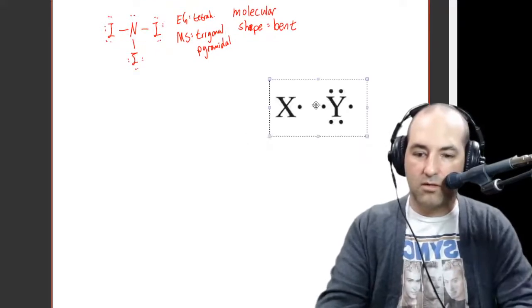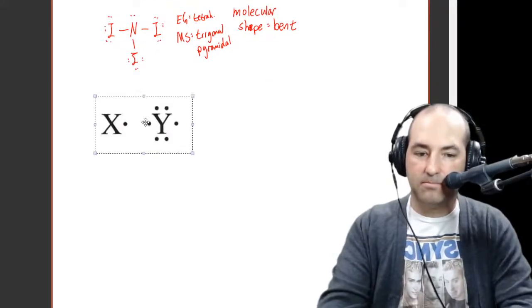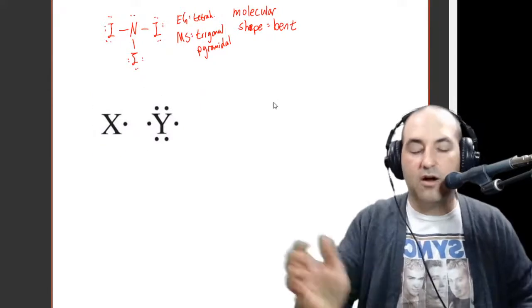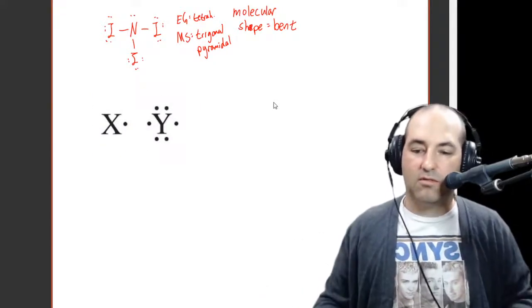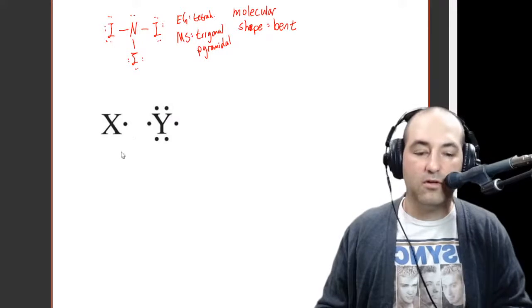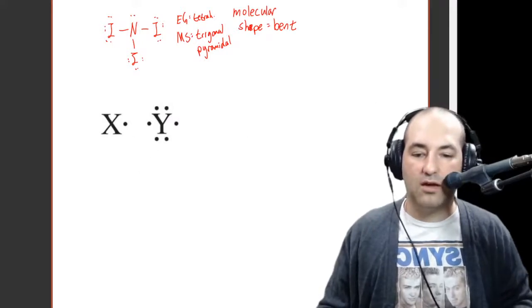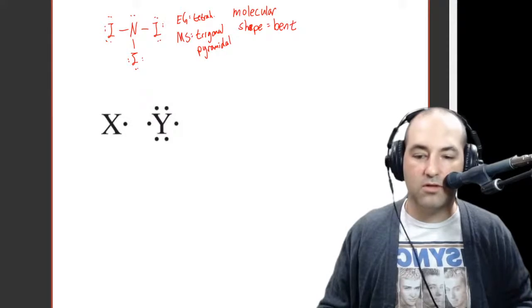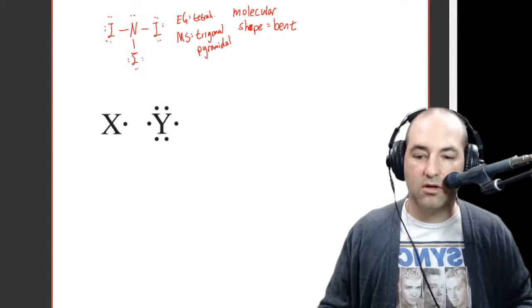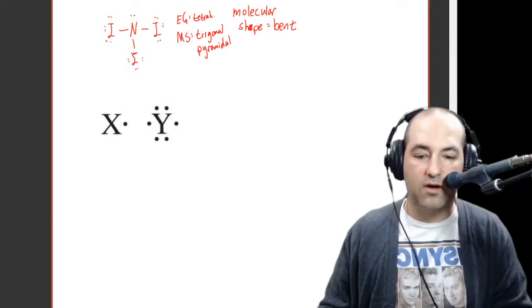So it was this one where it had these two generic atoms, X and Y, with their Lewis structures shown, and it said, what are the group numbers? Would you expect it to be ionic or molecular? Which ions would be formed? And what would a formula for that compound be? So let's figure out how we could do that.